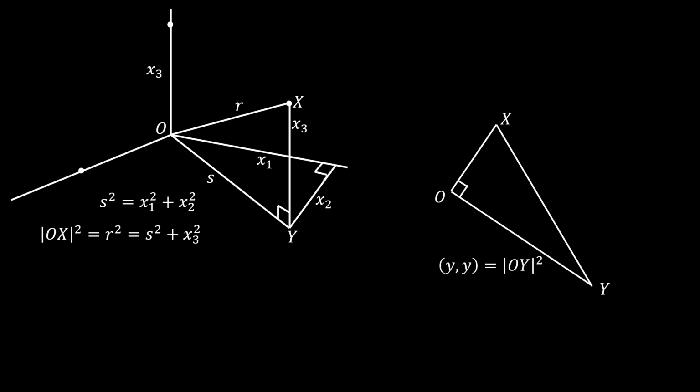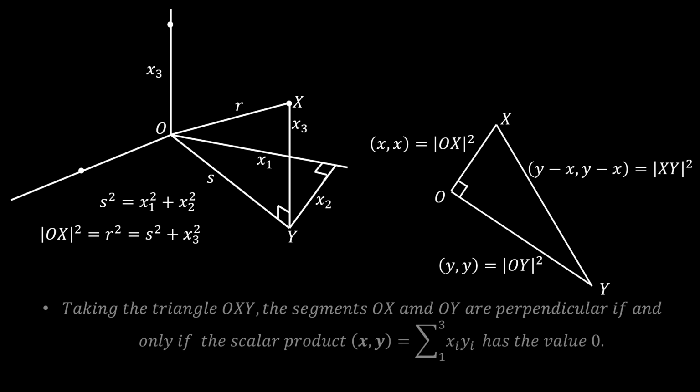We have a vector OY, or vector y. The scalar product of that can be represented as OY squared. Again, going back to the Euclidean norm, the scalar product of vector x is OX squared, and then since the vector here is y minus x, the scalar product of that is equal to the Euclidean norm xy squared, the square of the Euclidean norm.